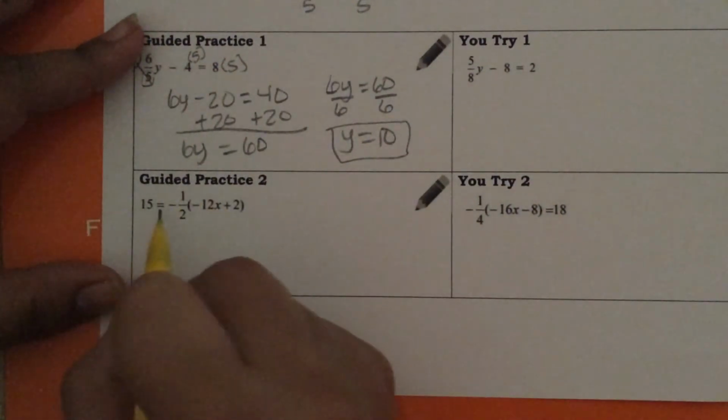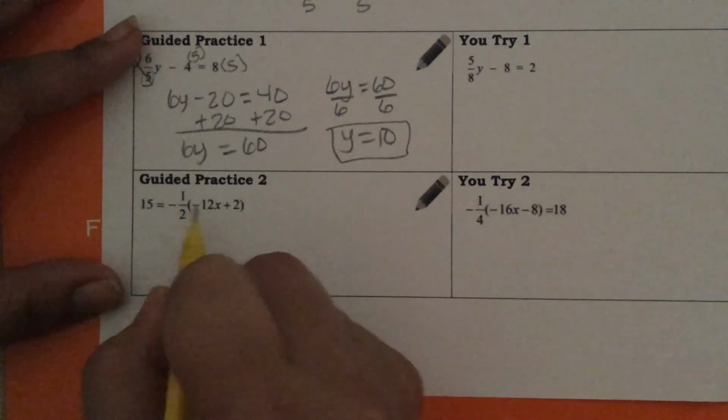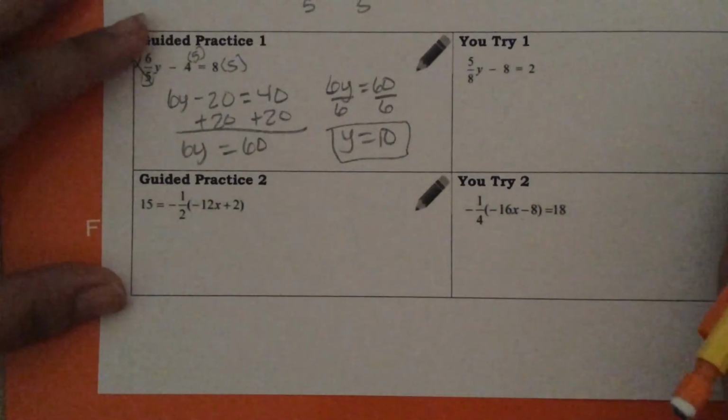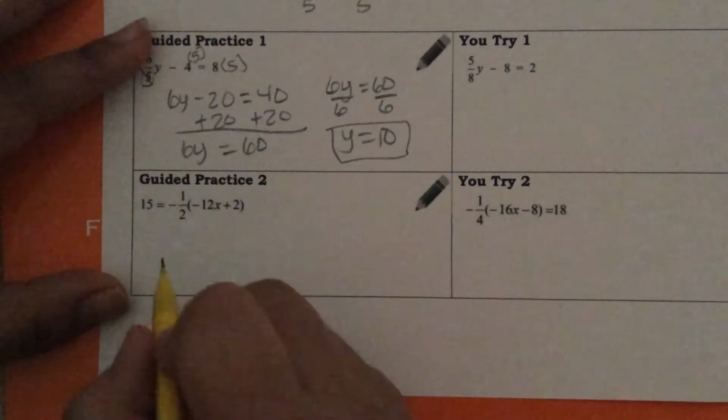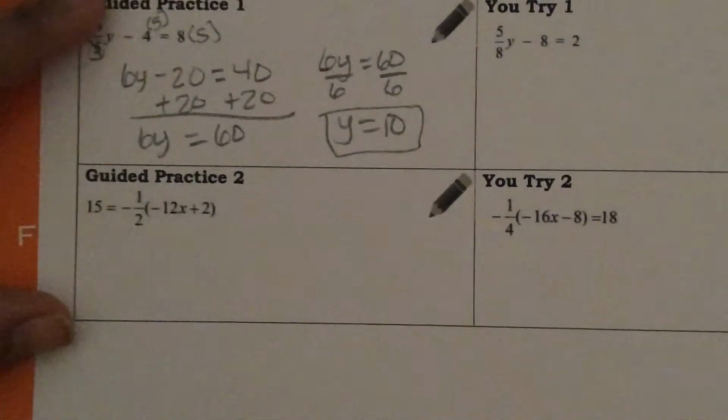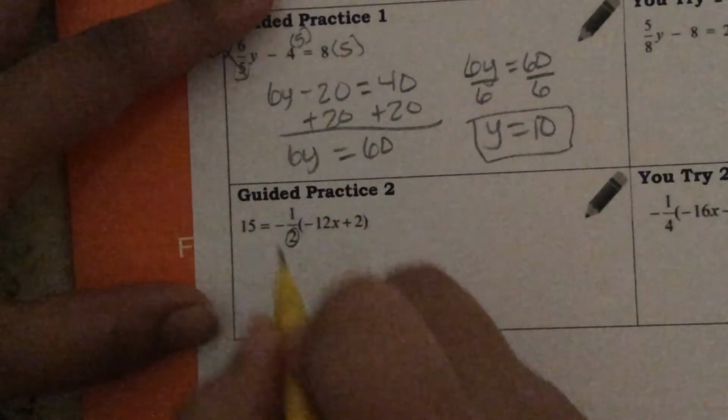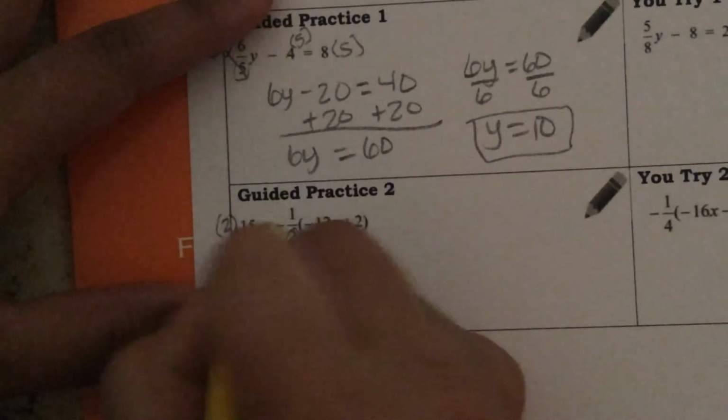Here we have 15 is equal to negative 1/2, parentheses negative 12x plus 2. So I want to get rid of the fraction because I don't like working with fractions, even though I am a math teacher and I do love math. But I'd rather get rid of the fraction. So 2 is the only denominator, so I'm going to multiply this by 2.